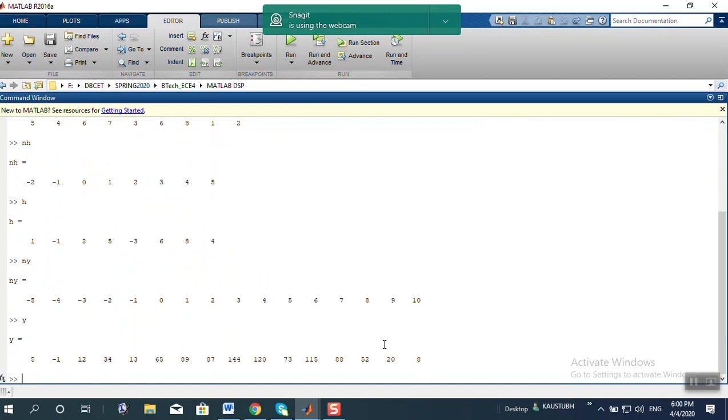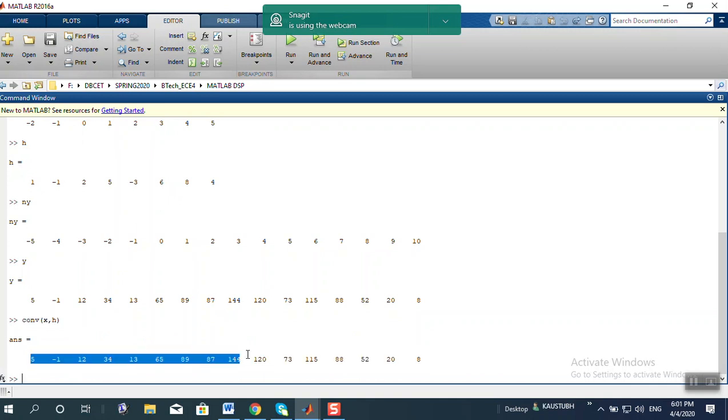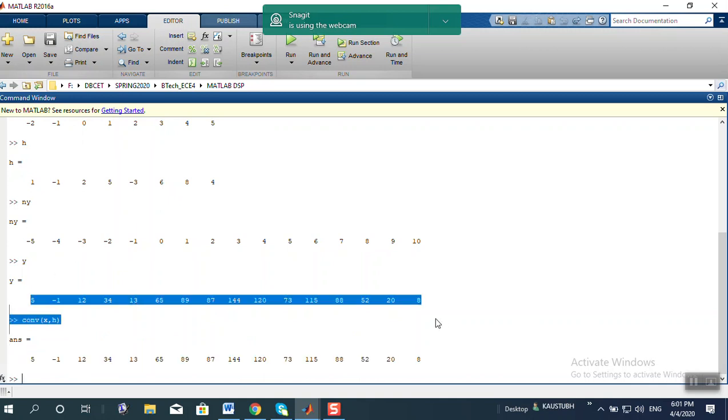This is the resultant signal. So you can validate that result using conv of x, h. You will get the same values. This is the built-in function, but it does not provide you the time information. But the values you can check. It is the same. That means it is correct.